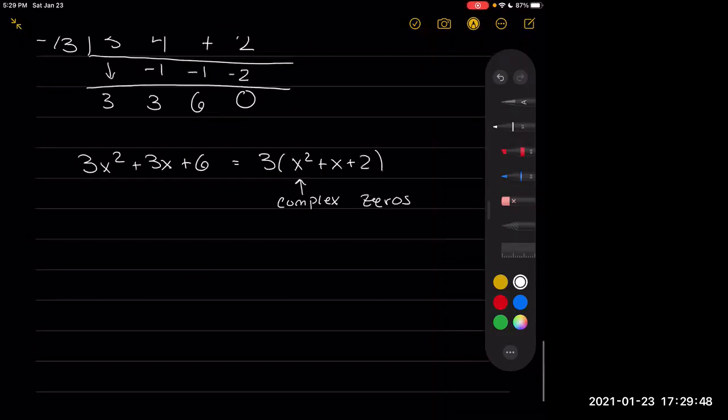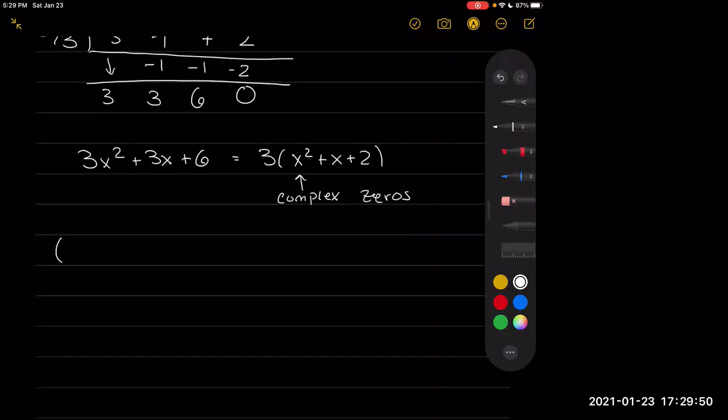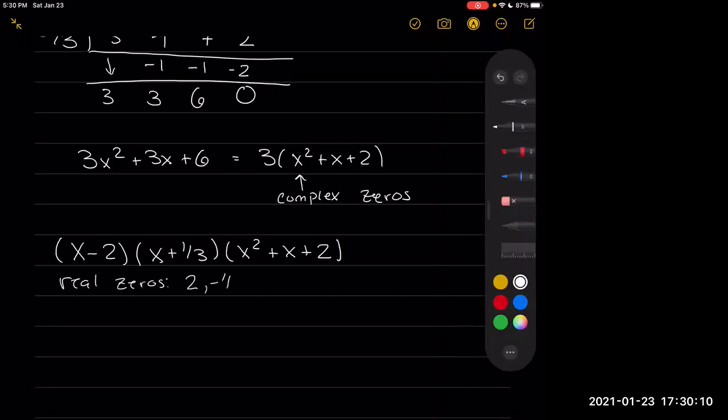Okay, so factored, we have x minus 2, x plus 1/3, and x squared plus x plus 2, with real zeros 2 and -1/3.